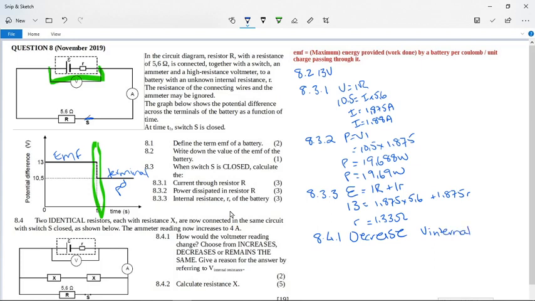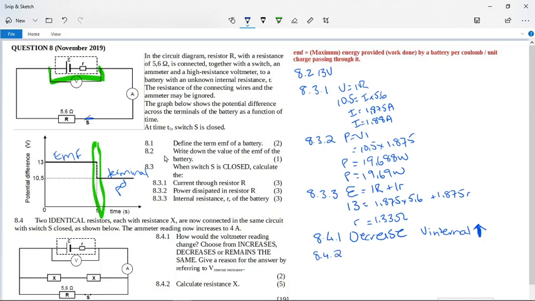Remember, it says give a reason for the answer by referring to V internal. So the voltmeter, which is telling you what is being delivered to the external circuit, is going to show you a lower reading because of more current going through the battery's internal resistance. Then it says to you, calculate resistance X.